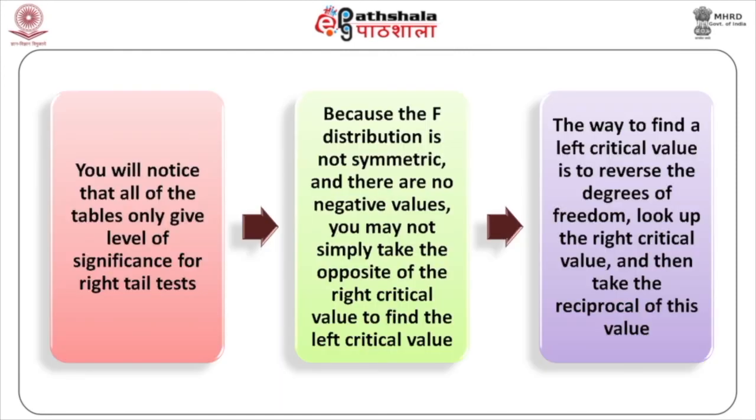You will notice that all of the tables only give level of significance for a right tail test, because the F distribution is not symmetric and there are no negative values. You may not simply take the opposite of the right critical value to find the left critical value. The way to find a left critical value is to reverse the degrees of freedom, look up the right critical value, and then take the reciprocal of this value.